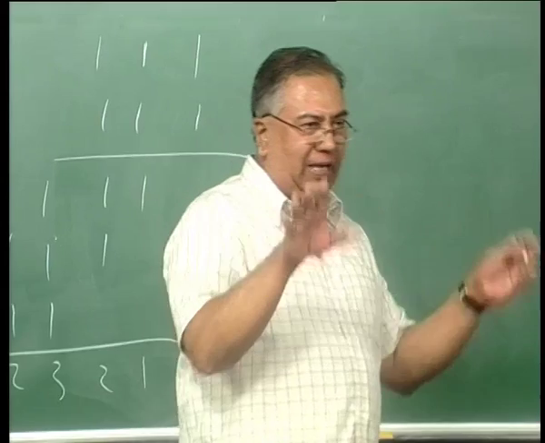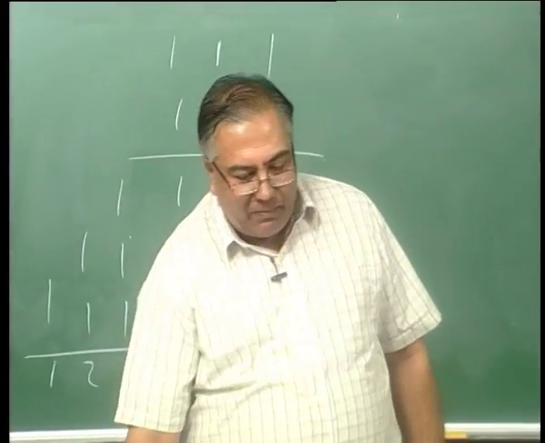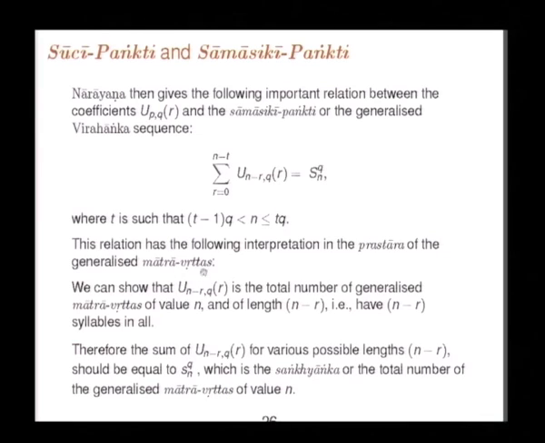He is thinking, putting everything in the general framework also, and it is fairly abstract and complex, but it is very interesting. Now what is its interpretation for Matra Vritta?